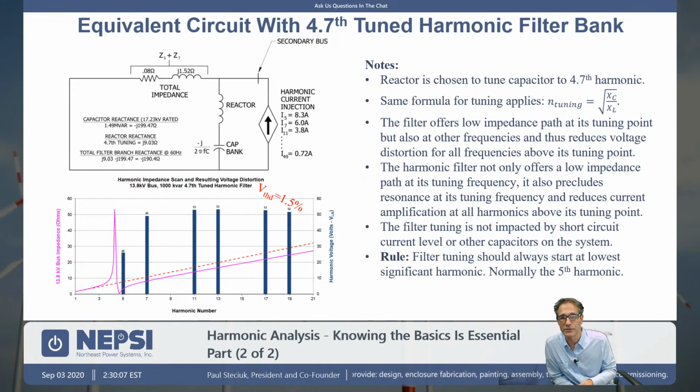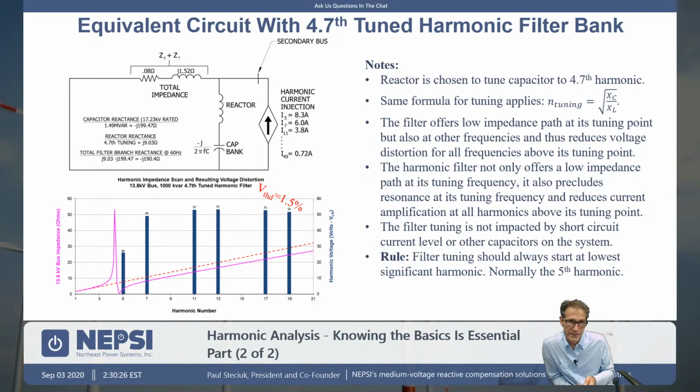So that is a good question. In fact, we were going to address the detuned versus tuned filter concept, or detuned cap bank issue. But it's more of a low voltage concept than it is a medium voltage concept. So a good question. Thanks for asking.